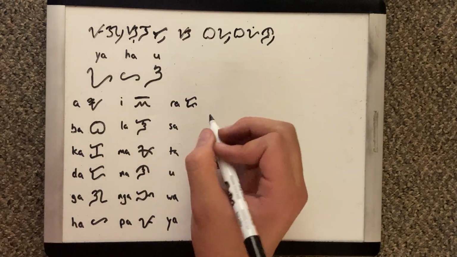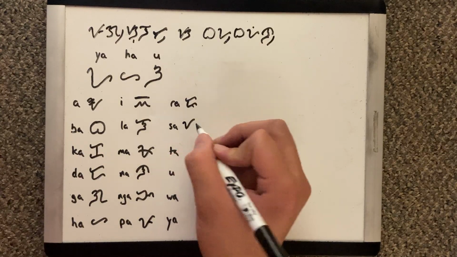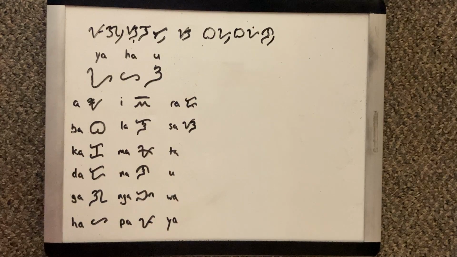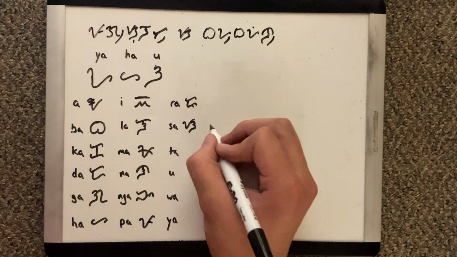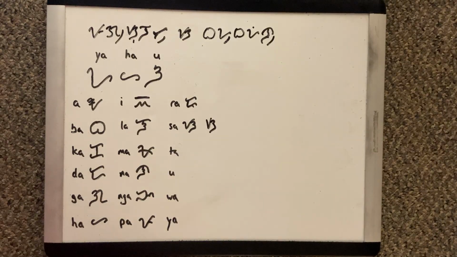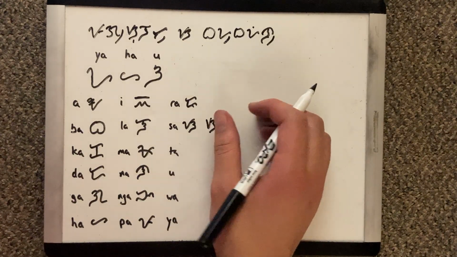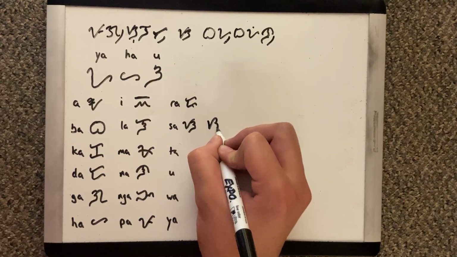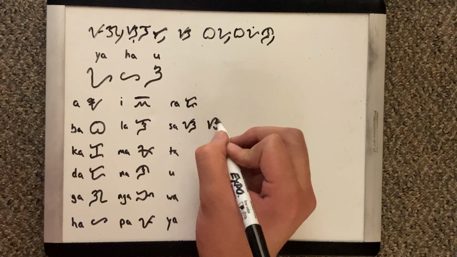For the sa, we'll take a ya character and then a u character coming out the side. It looks kind of like the letter V3. And you might even see versions where it's still connected at the top.